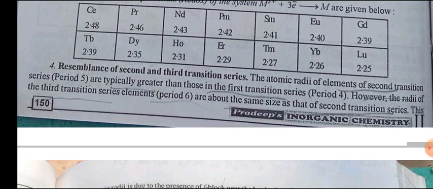Resemblance of second and third transition series. The atomic radii of elements of the second transition series, period 5, are typically greater than those in the first transition series, period 4. However, the radii of the third transition series elements, period 6, are about the same size as the second transition series.